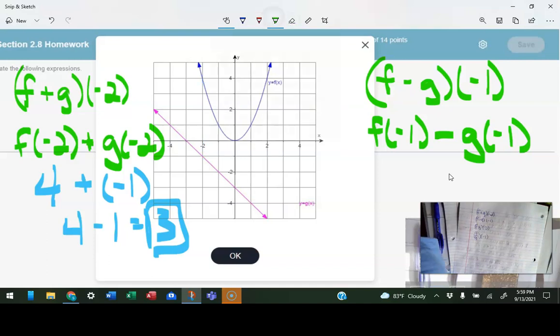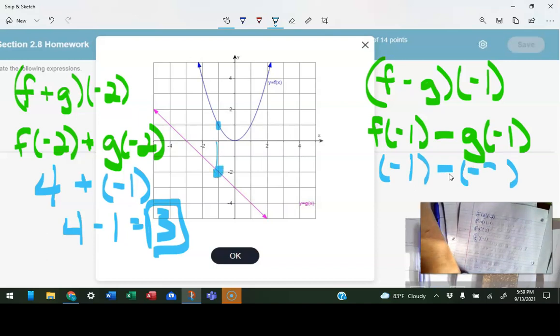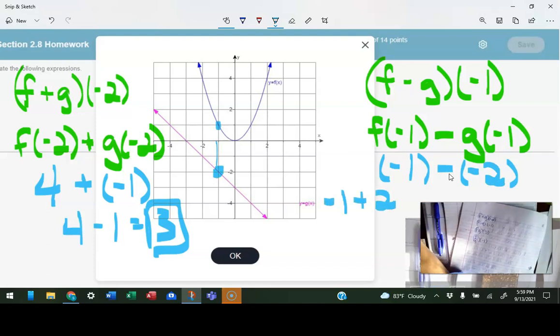What's my coordinate on f at -1? It's -1. Minus, what's my coordinate for g at -1? It's -2. Remember, you're reporting back your y coordinates. So that gives me a -1 plus 2, which gives me a 1.